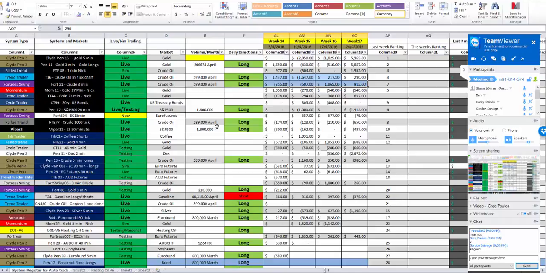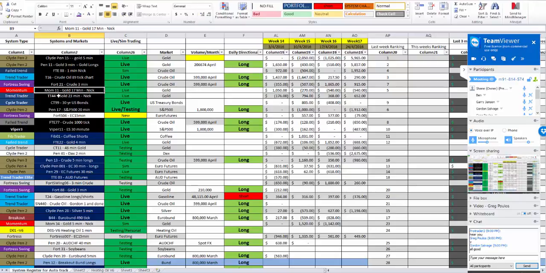So guys, that's our top 10. We've got the two gold systems, that 1 minute crude chart on the failed trend, the Trend Trader T16, Fortress 21. This one here is a very short-term strategy. That one is trading longer hours.